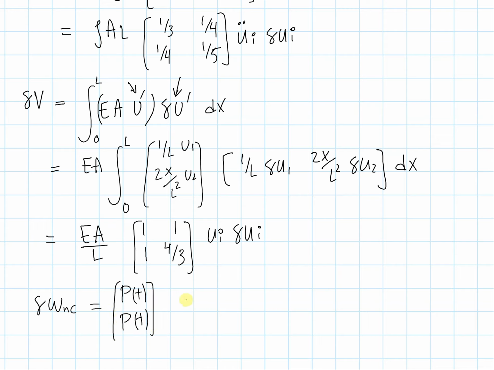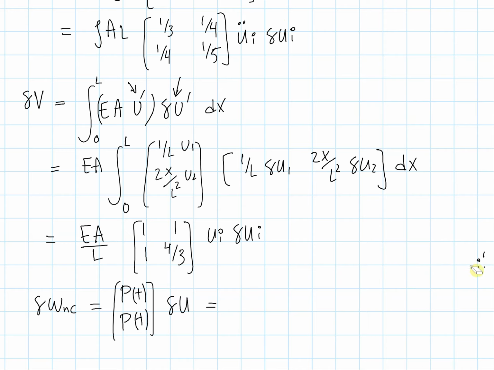This column vector is multiplied by delta U, which is again the virtual deformation. And because delta U at position L is where these forces are getting applied, it is equal to psi L delta UI.